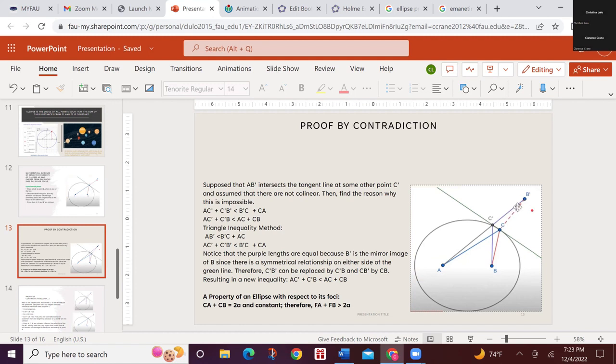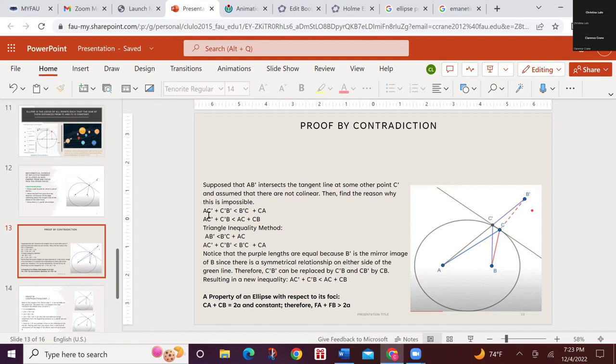We're going to find the reason why this is impossible, because obviously if you look at A, C prime, B prime, these points are on a line. We're going to try to prove that it's not the case, proof by contradiction.